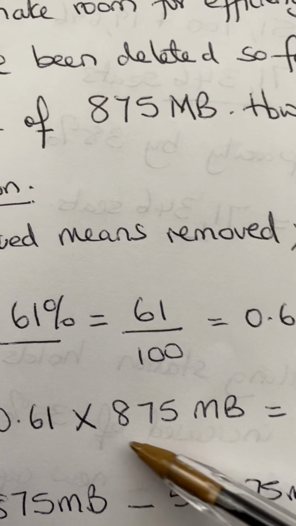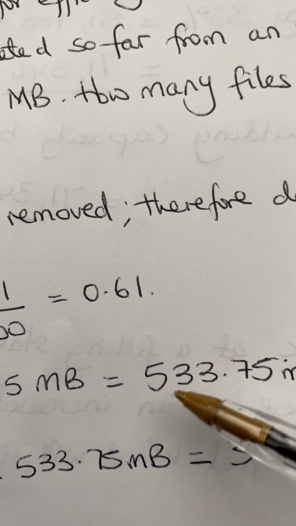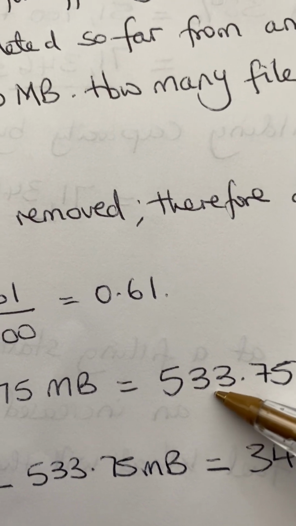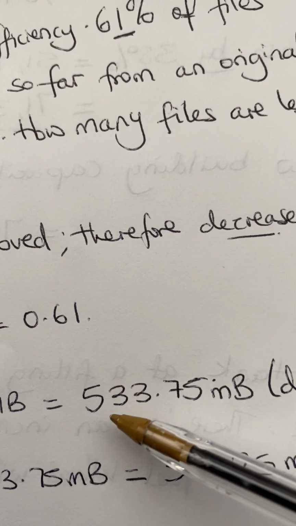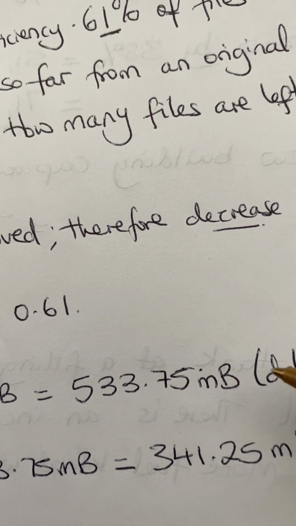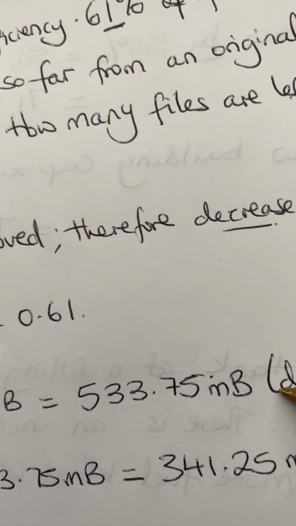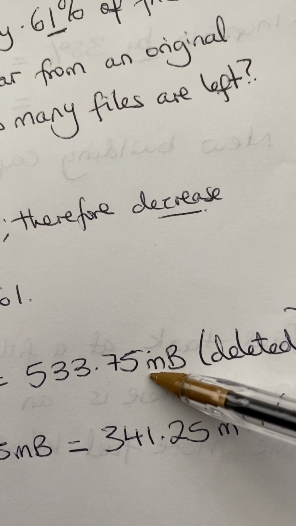0.61 times 875 megabytes will be equal to, on the calculator again, 533.75 megabytes. Okay, this will be to two decimal places.